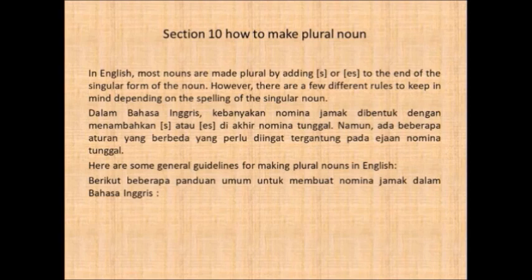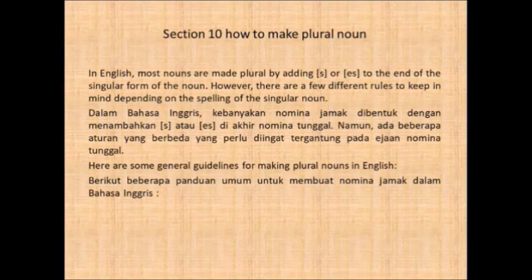Section 10. How to make plural nouns. In English, most nouns are made plural by adding s or es to the end of the singular form of the noun. However, there are a few different rules to keep in mind depending on the spelling of the singular noun.